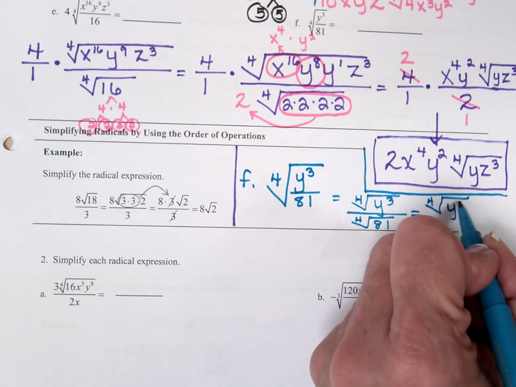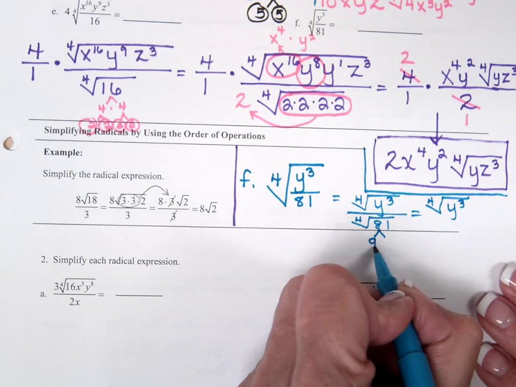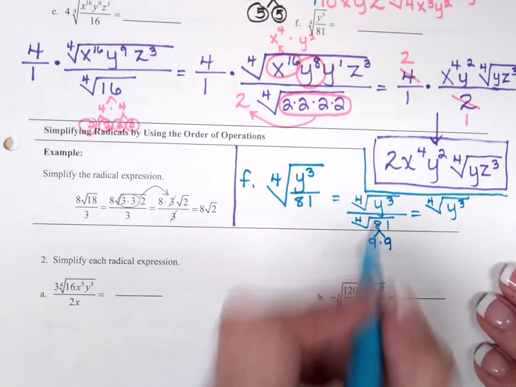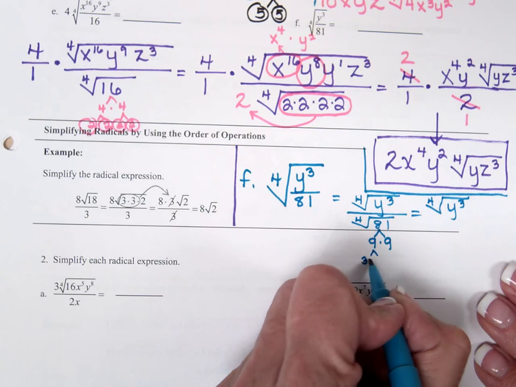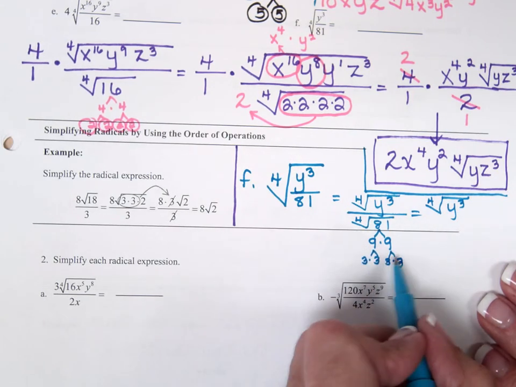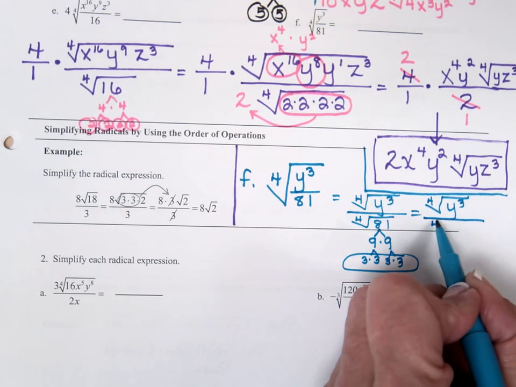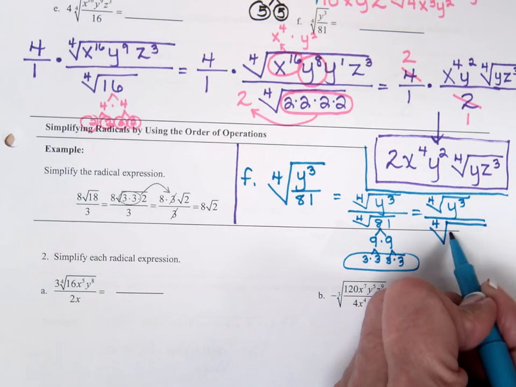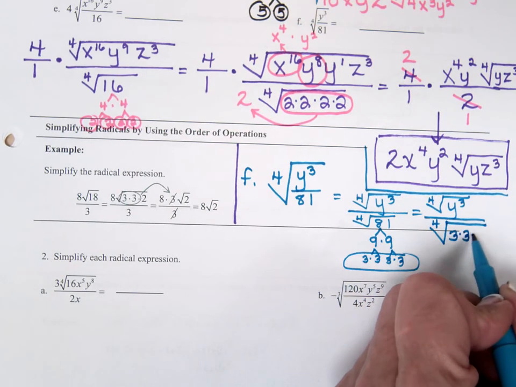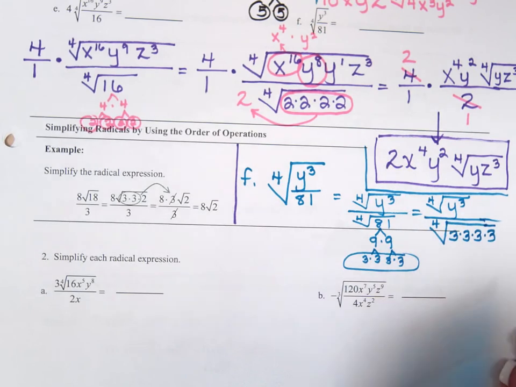But 81 is 9 times 9. So that's 4 3's. 4 3's will come out as what? 1, 2, 3, 4. Does everybody agree 4 3's are going to come out as a single 3? Because we need 4 for it to come out.